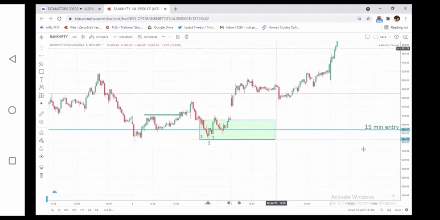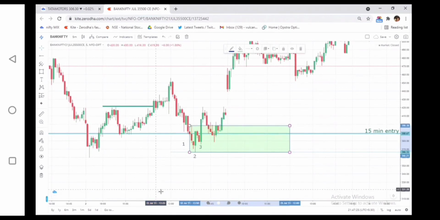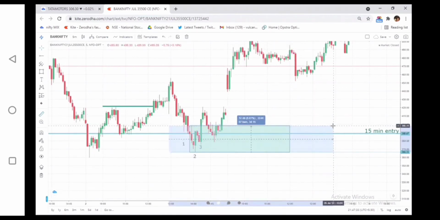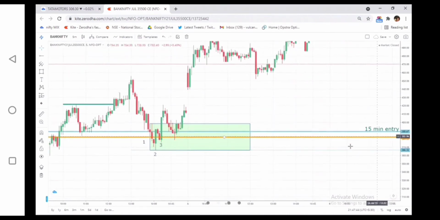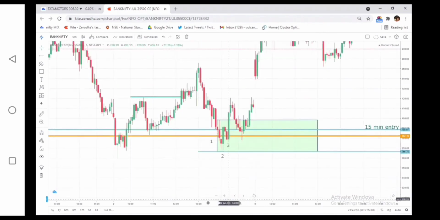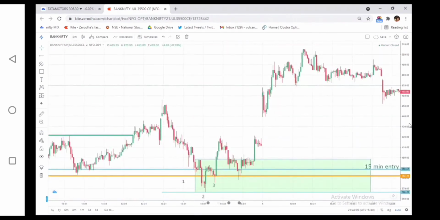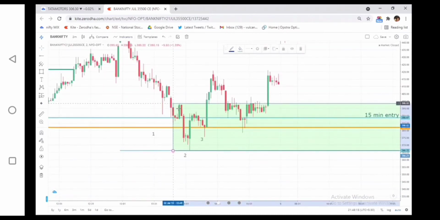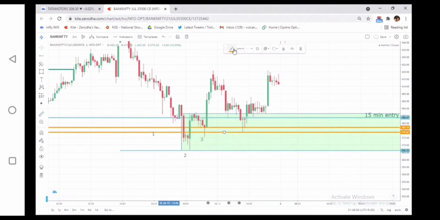Again in 5 minutes my order block will be lower, and I will again cut it by 2, and this is my 5-minute time frame entry. Now again see this in the 2-minute time frame, again lower this order block and divide by 2, and this is my 2-minute time frame entry.